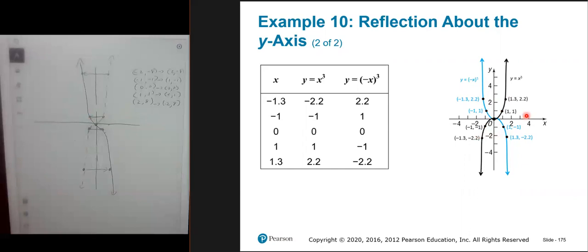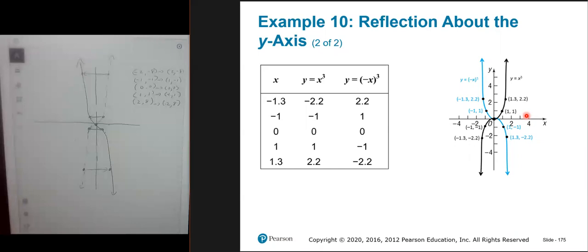Now here's with an odd function. This is an odd function. So with an odd function, a reflection about the y-axis looks exactly like a reflection about the x-axis. This reflection about the x-axis looks exactly like a reflection about the y-axis.